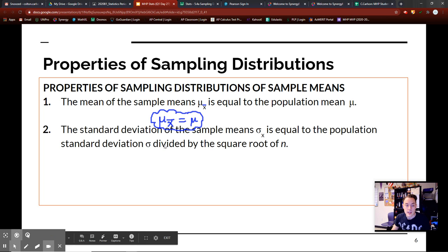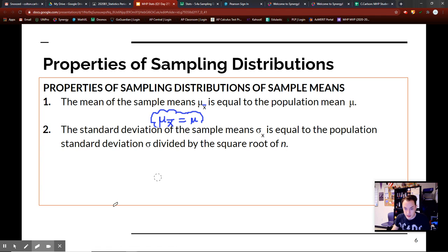Okay? Second, the standard deviation of the sample means, right here, this is sigma sub x bar, is equal to the population standard deviation, sigma, divided by the square root of n. So what does this mean? This means sigma sub x bar equals sigma all over radical n. This is a very, very important formula that we're going to be coming back to over and over again.